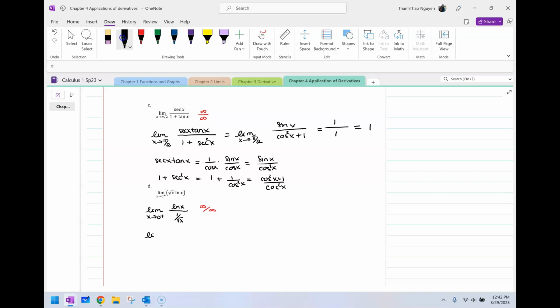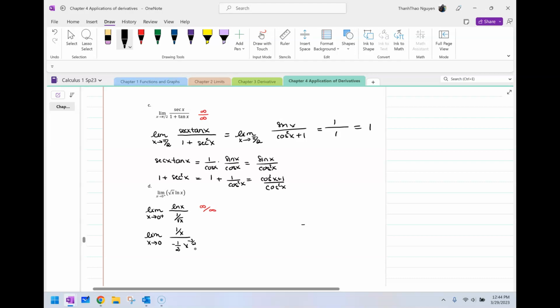So then the limit as x approaches 0, the derivative of ln of x is 1 over x, and the derivative of 1 over square root of x is negative 1 over 2 times x to the negative 3/2.